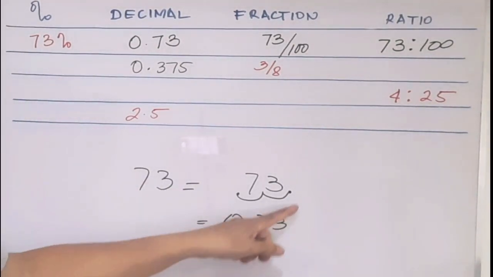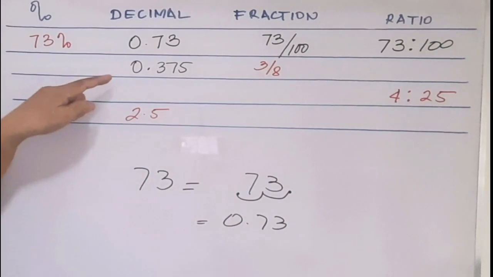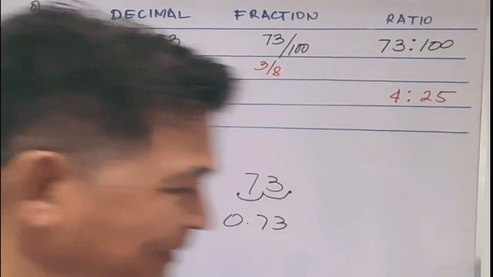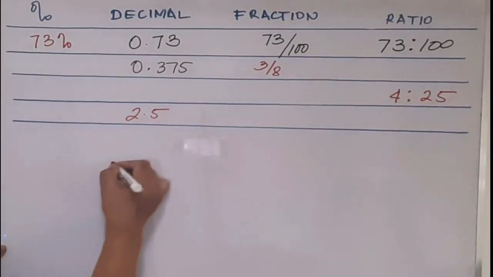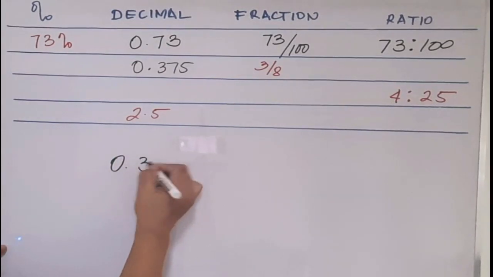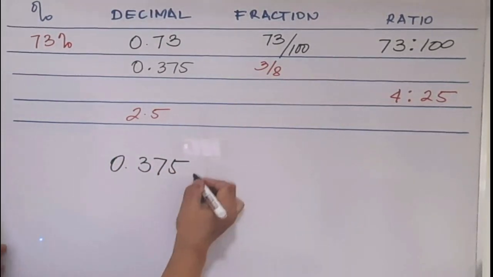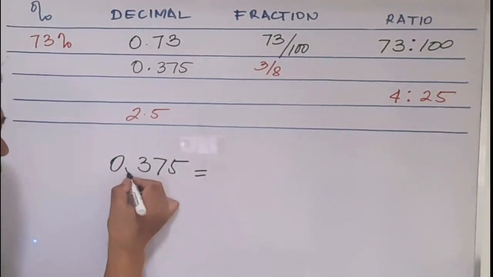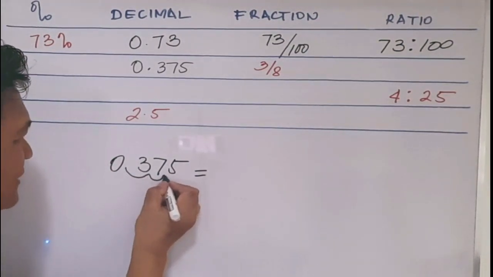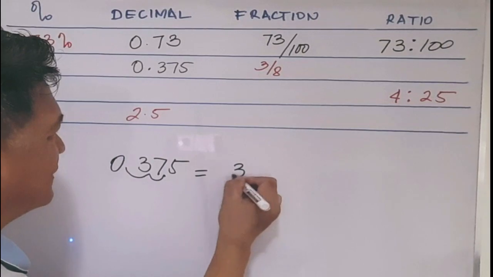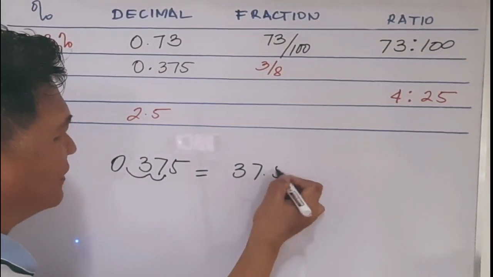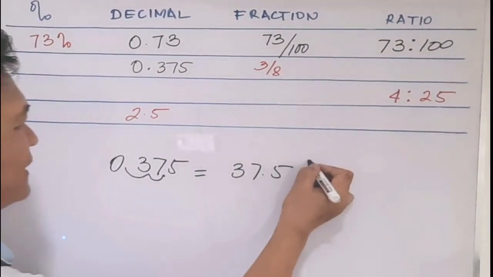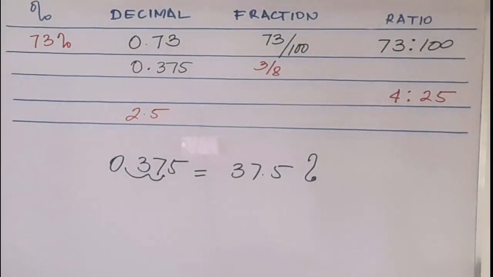Instead of moving to the left, we move to the right. So 0.375 becomes 37.5, and that becomes percent.